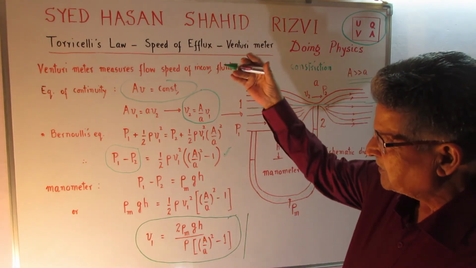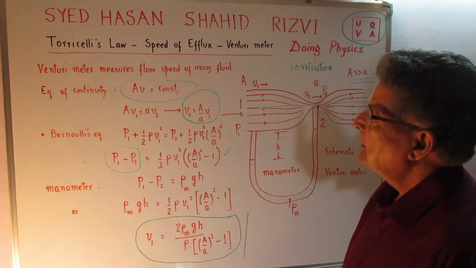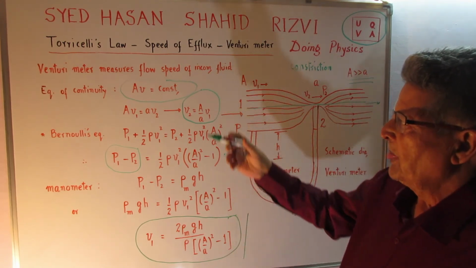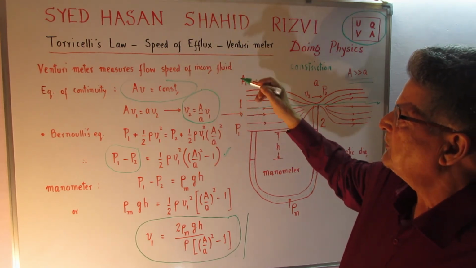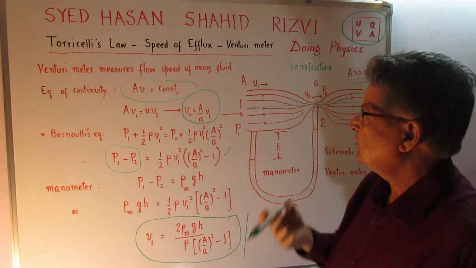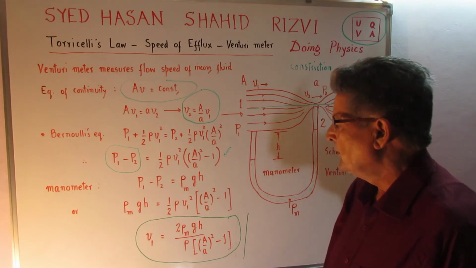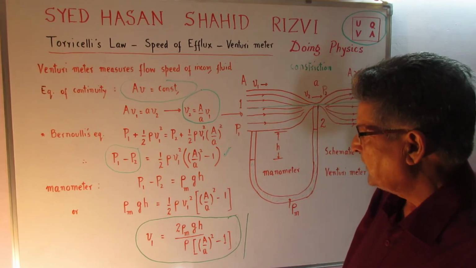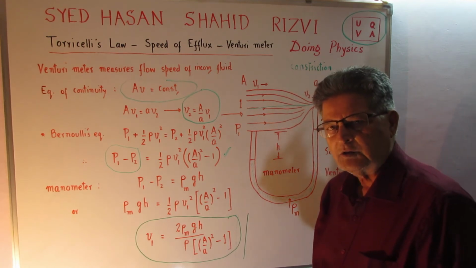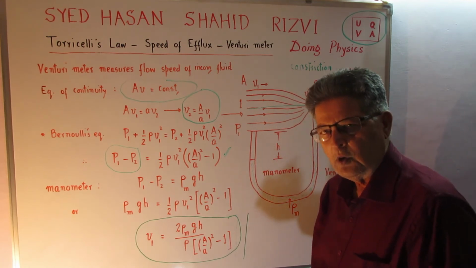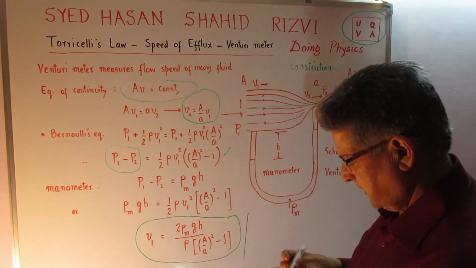All the principles which are involved over there I have already told you about, and therefore what we have done today is explained to you Torricelli's law, speed of efflux, and the physics behind the Venturi meter, which is also the physics of many a thing and many applications there, including the problem of heart failure, blood flow, etc. I'll just enumerate those things here.